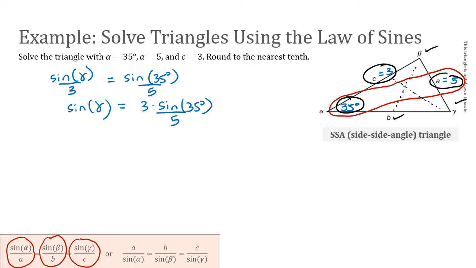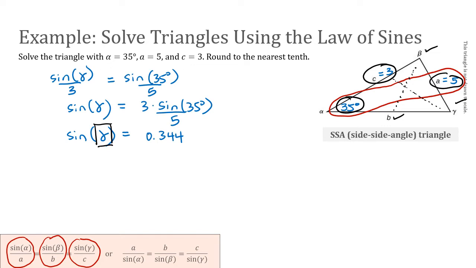Now, before I do the inverse, let me just put into my calculator, I'm going to put in 3 times the sine of 35 degrees and divide by 5. When I do that, I get 0.344. Now, here's the reason why I did that. I did that because I want to think about what the possible angle measures could be for this gamma.